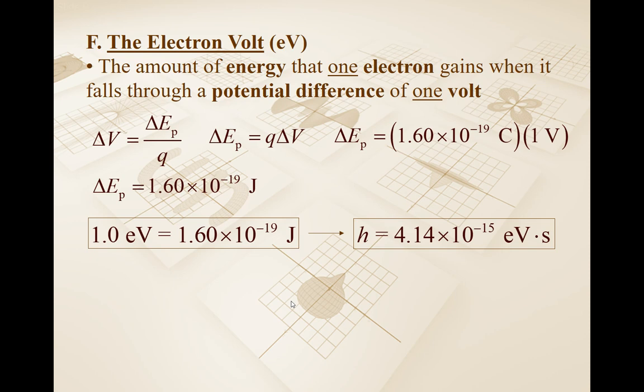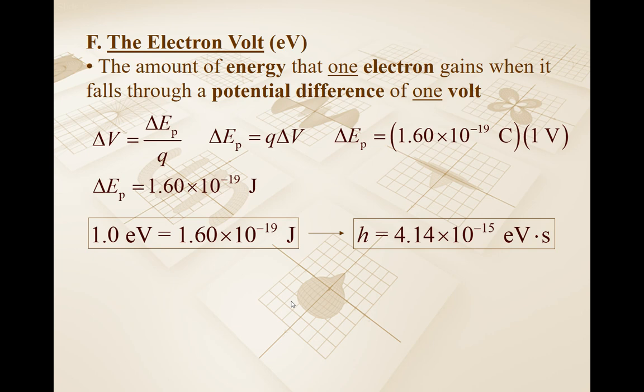There's also a way of writing Planck's constant down. One value for Planck's constant is in units of joules times seconds: 6.63 times 10 to the negative 34 joules times seconds. If we use that value, that would give us energy in joules. We could also use this variation of Planck's constant, which gives it in electron volts: 4.14 times 10 to the negative 15 electron volts times seconds.